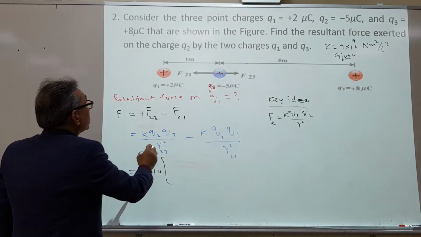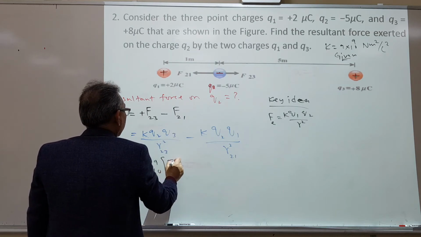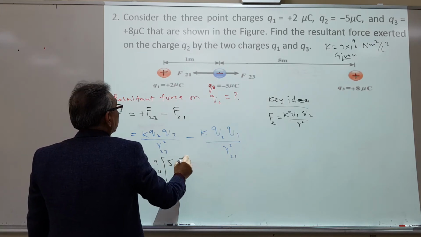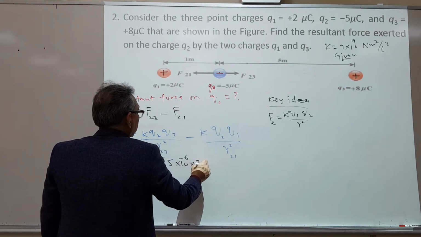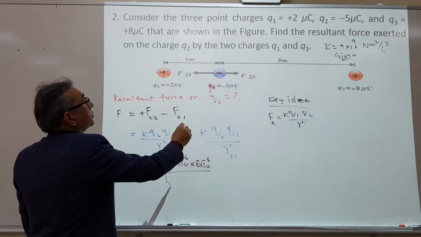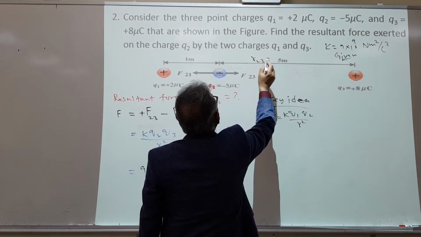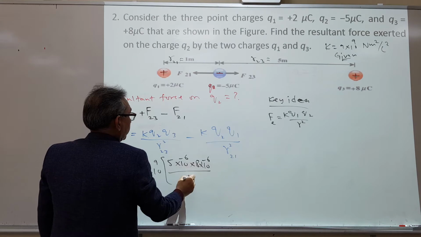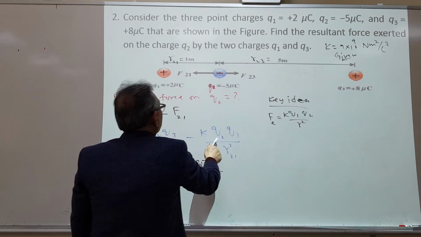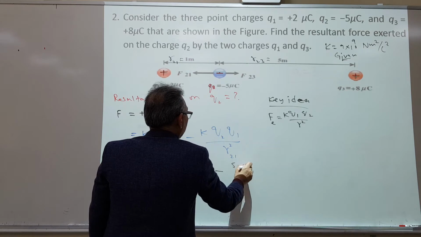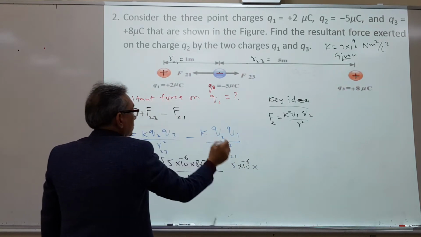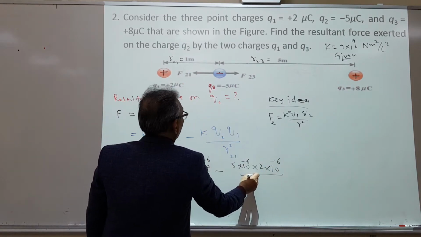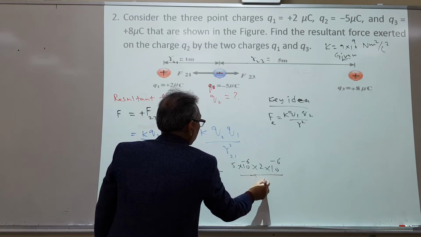Then you have Q2, 5 microcoulomb, 10 to the minus 6, Q3, 8 microcoulomb, over R23, this is R23, this is R21, so this is 5 squared, minus Q2, 5 microcoulomb, Q1, 2 microcoulomb, over R21 squared, which is 1 squared.